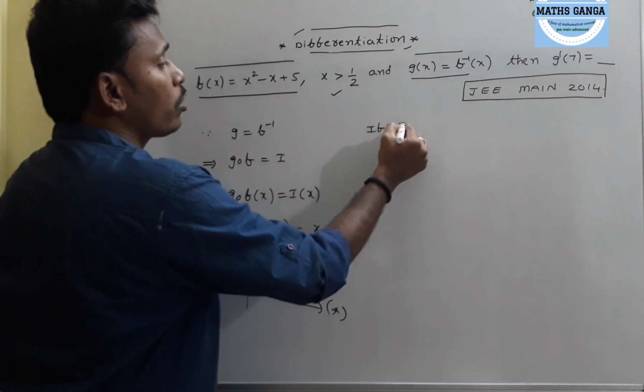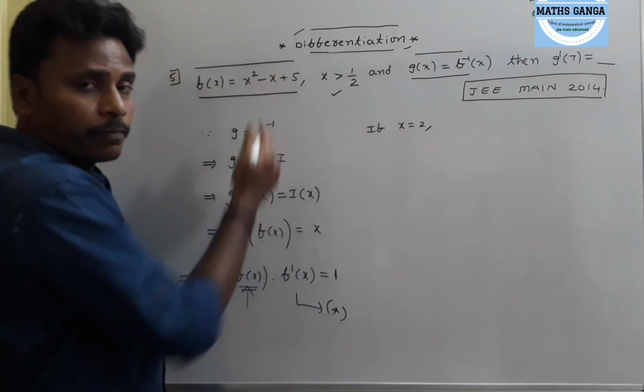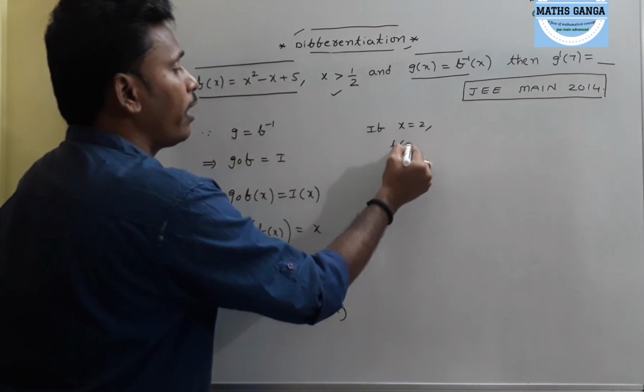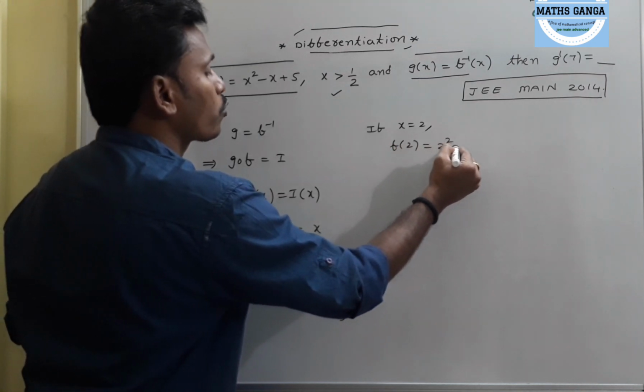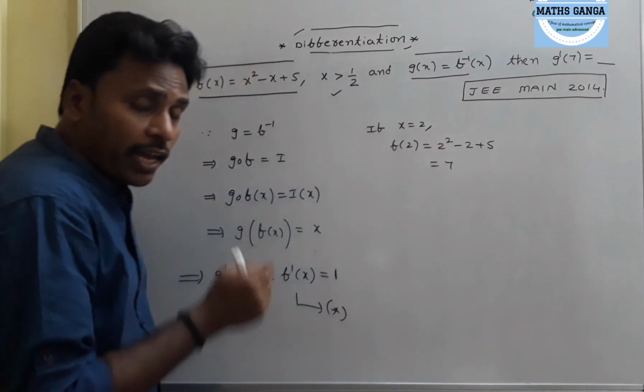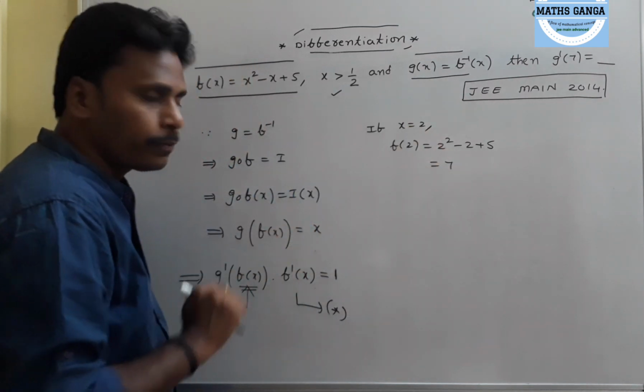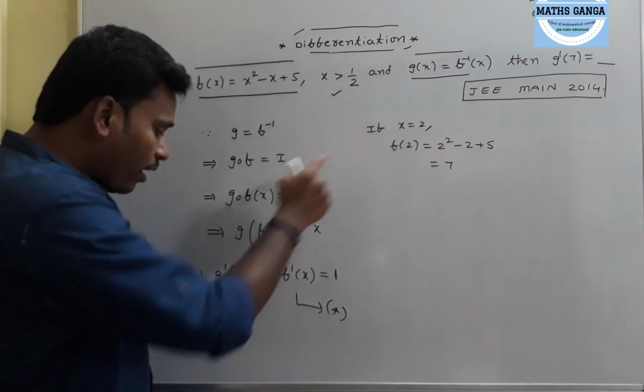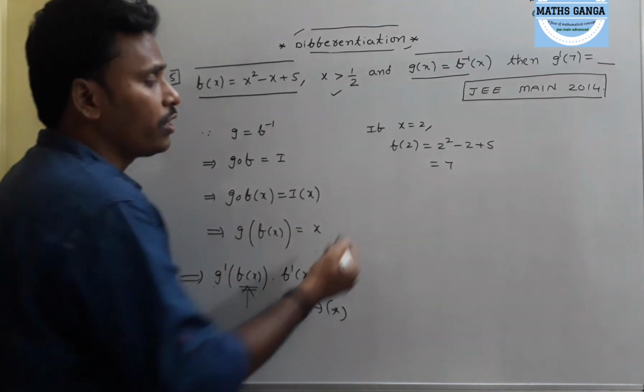If x is equal to 2, look here. f of 2 is equal to 2 square minus 2 plus 5, nothing but 7. f of 2 is 7. It is very clear. Since f of 2 is 7, we need to take x is equal to 2 in this star equation.